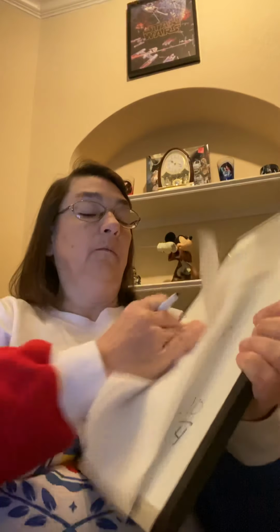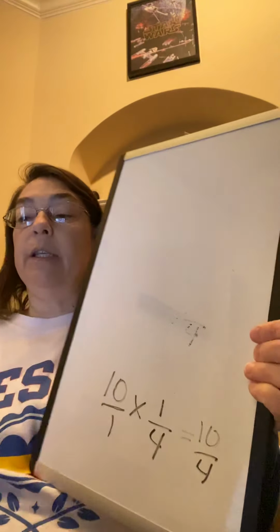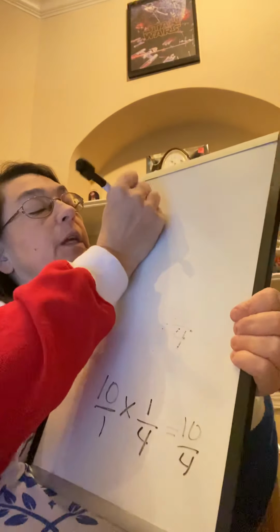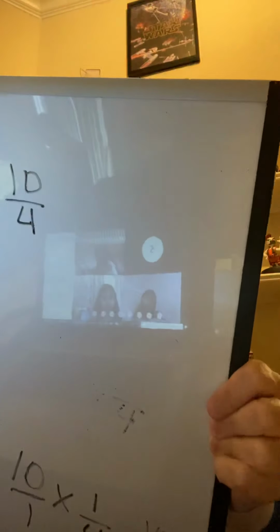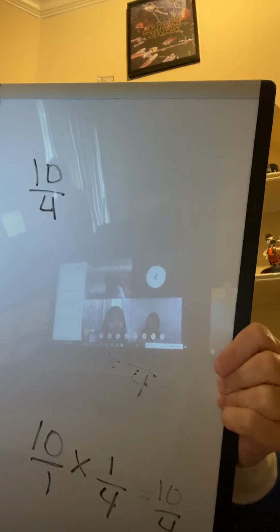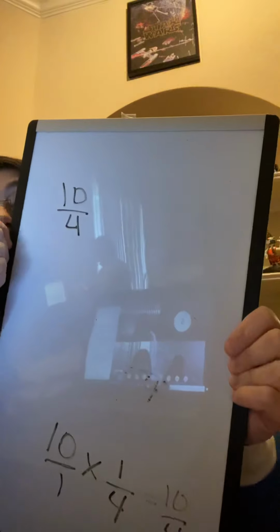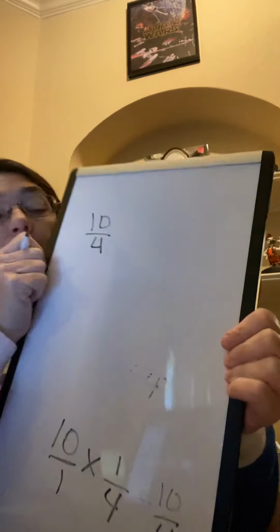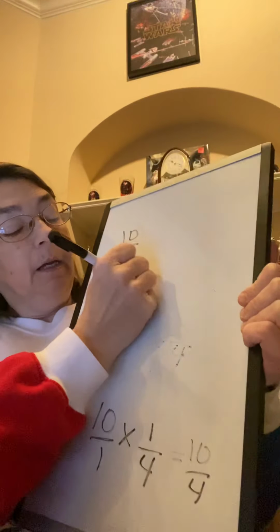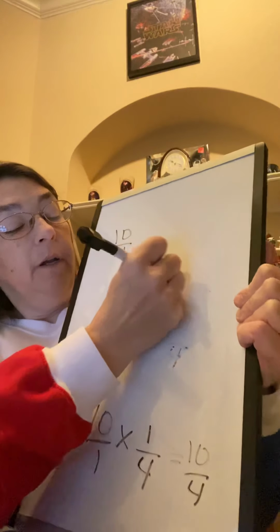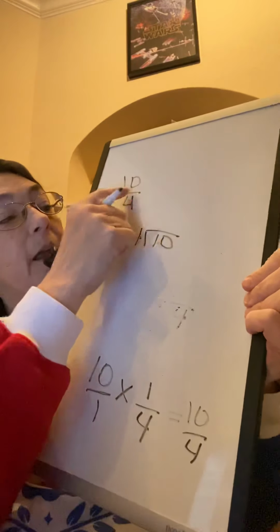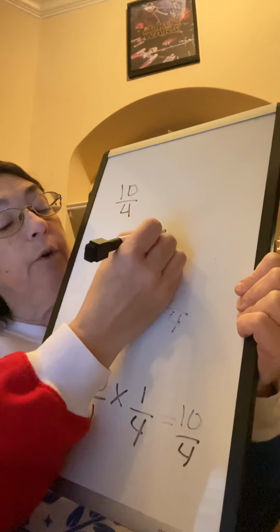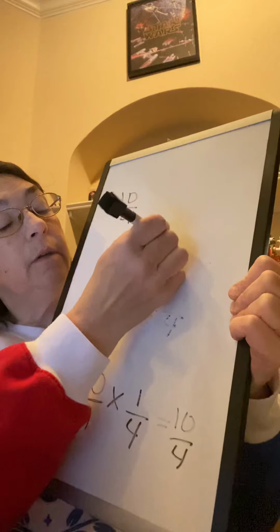Now, the one thing you have got to learn, because the multiplication part is easy. You have the number 10 over 4. I've got to change that because my bottom number of my fraction cannot be smaller than my top number. So to change this, I say 4 divided into 10 because that acts as a division line. So 4 goes into 10 2 times.